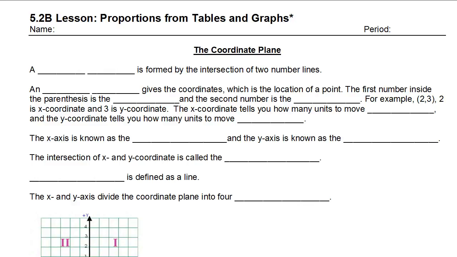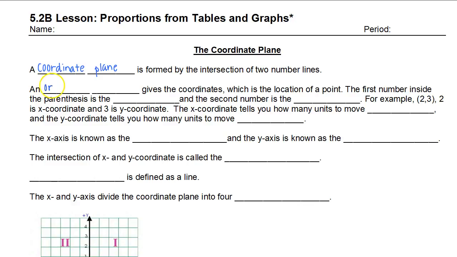So it starts off with the sentence, a coordinate plane is formed by the intersection of two number lines. So we want to fill in a coordinate plane is formed when two number lines intersect. An ordered pair gives the coordinates, which is the location of a point.